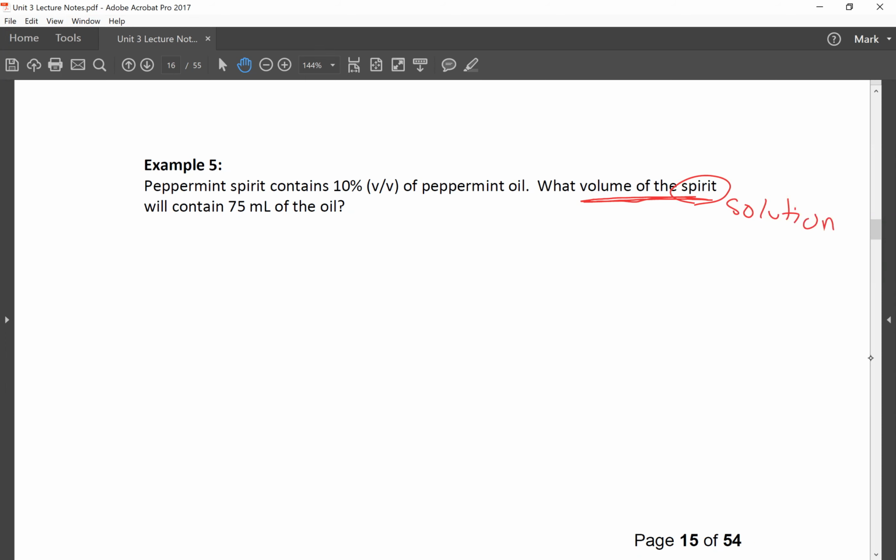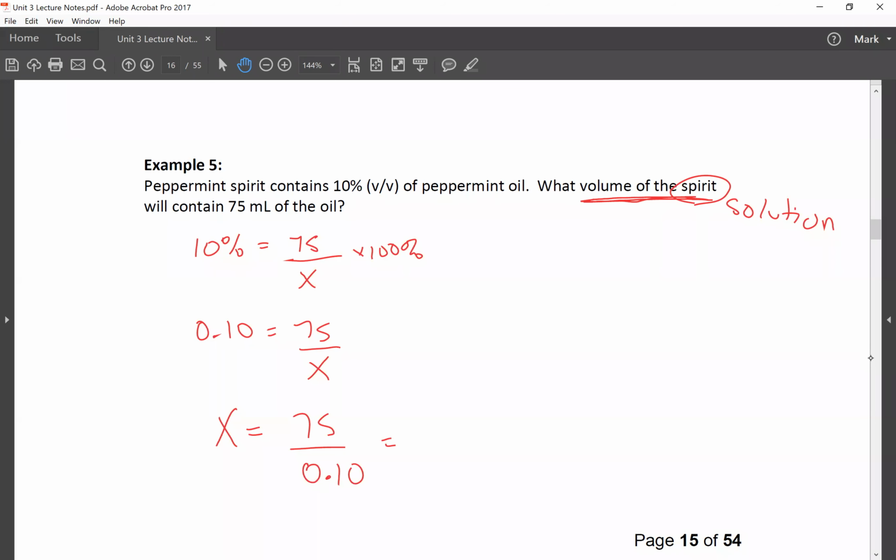We're looking for what volume of this final solution will contain 75 milliliters of the oil. So 10% is going to equal 75 milliliters over X, times the 100%. So you would get 0.10 equals 75 over X. X will be 75 over 0.10, and you'll get your answer.